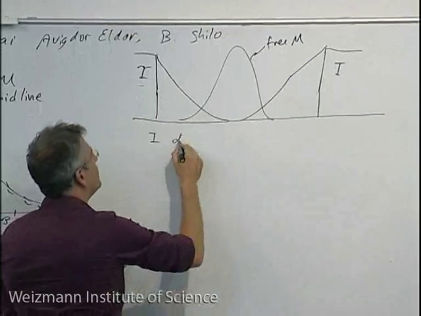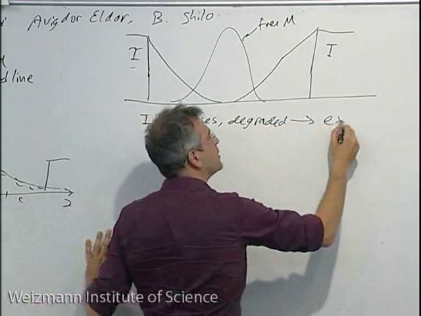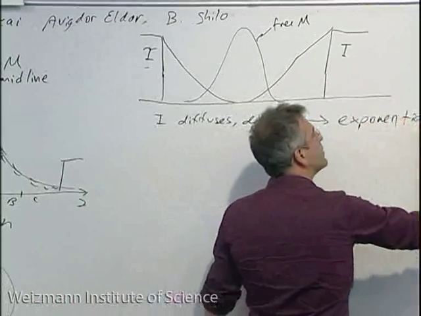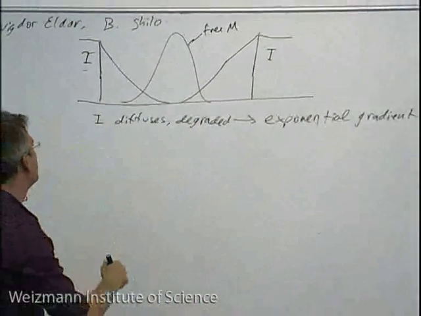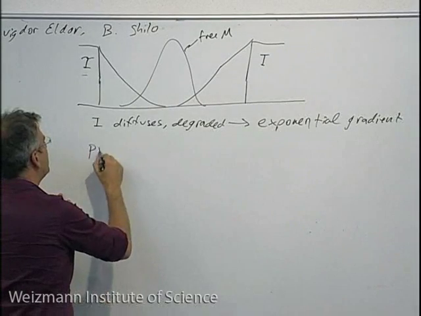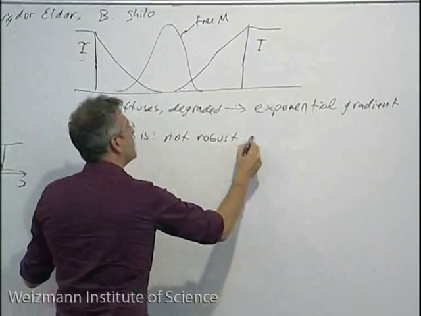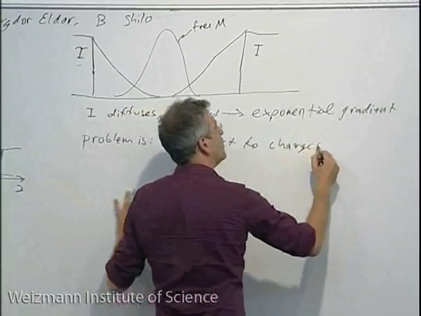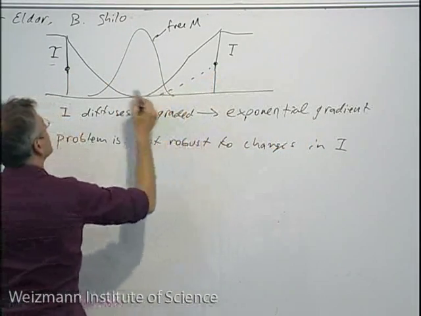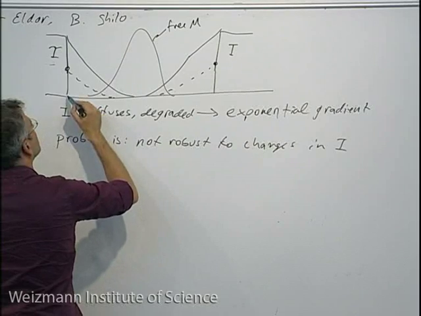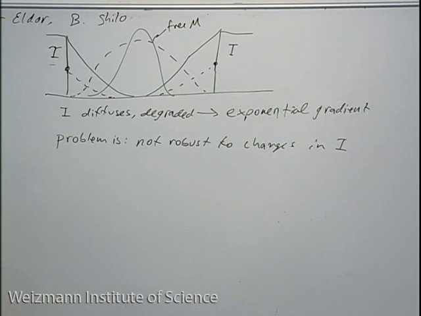So I diffuses and it gets degraded, and this causes this exponential gradient that decays from both sides. The problem is it's not robust to changes in I, because if we lower I by 50%, we get profiles that look like this, and we get morphogen patterns that look like this, and the profile changes.